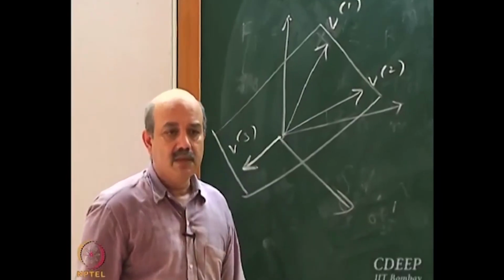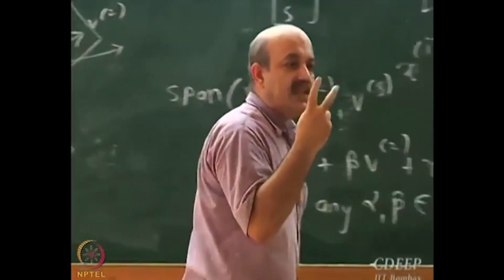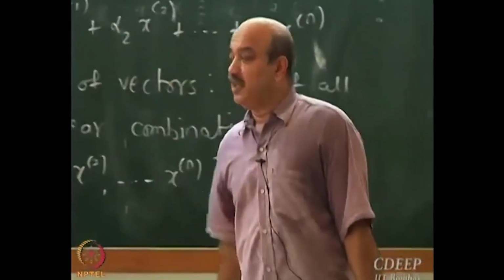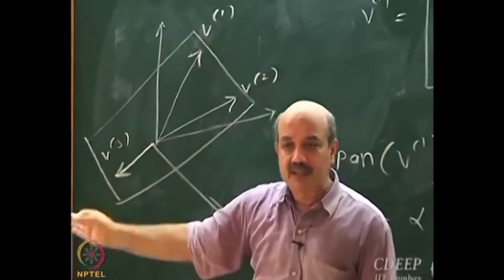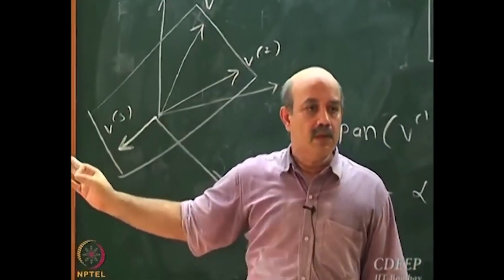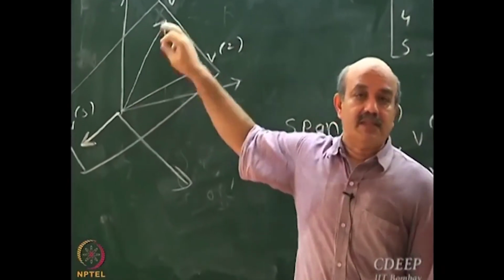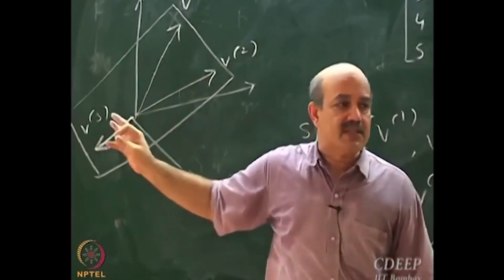Dimension is 2, because you need only two linearly independent vectors to generate all vectors inside this plane, which is passing through the origin. This is a 2-dimensional subspace of 3 dimensions.